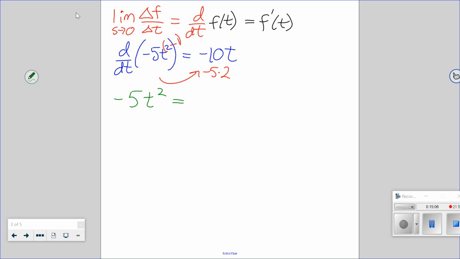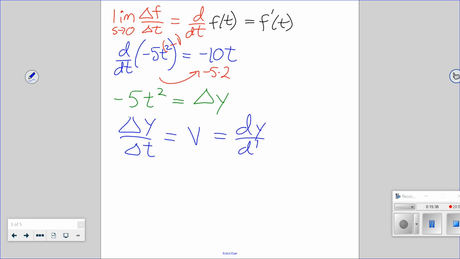That is the vertical displacement of an object dropped from rest near the center of the Earth. And if I have delta y over delta t in my crude honors physics, that would be the velocity. Well, welcome to AP Physics, where velocity is just the derivative of y with respect to t. And sure enough, that's minus 10t.